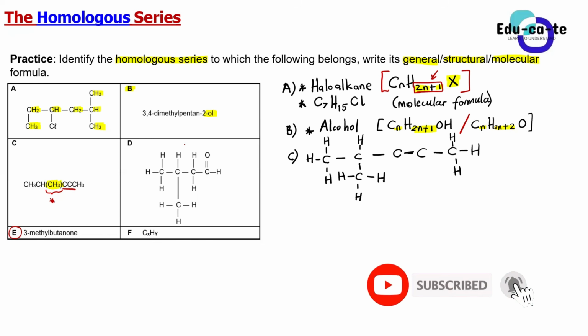When we look at this carbon here, can you all see it? Yes, sir. How many bonds does it have? It has got 2 bonds. Is it supposed to have 2 bonds in total? No. So, okay, this is the first one.